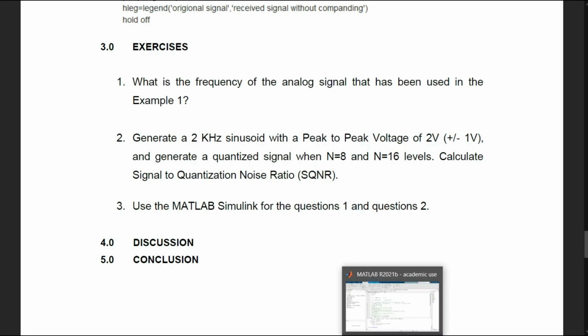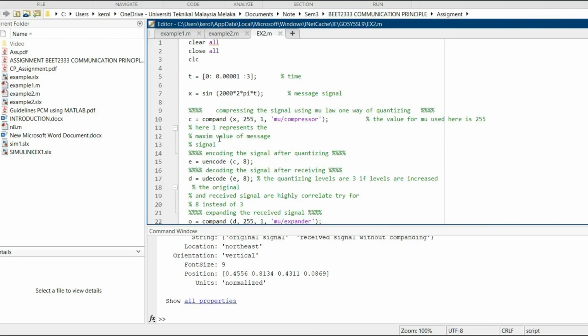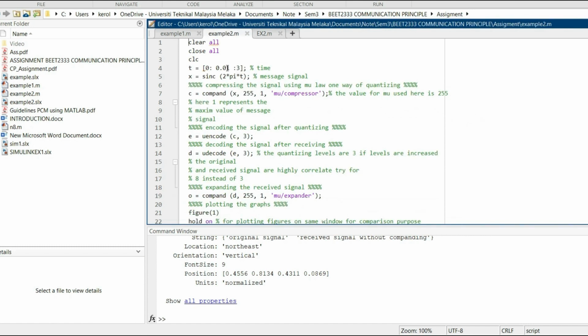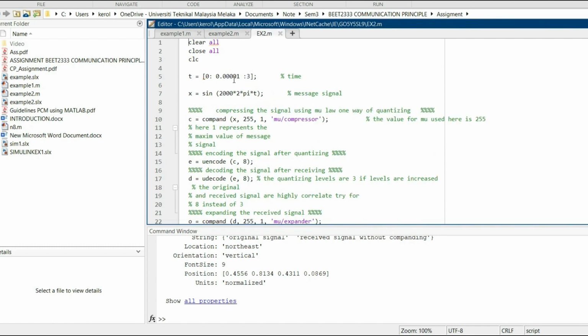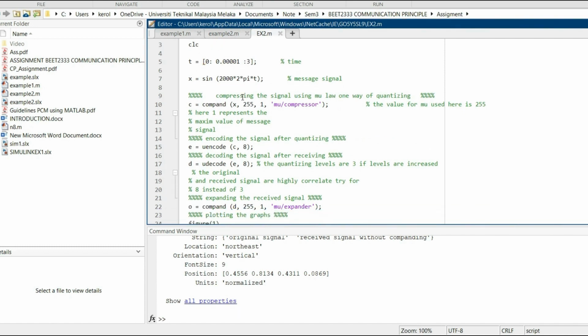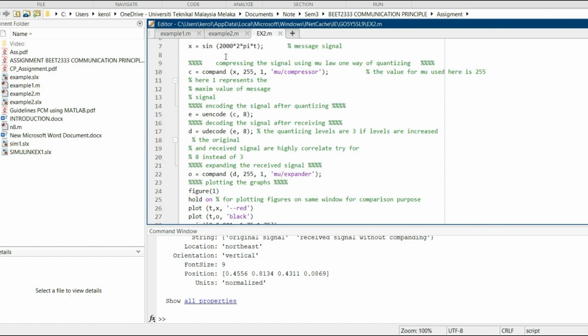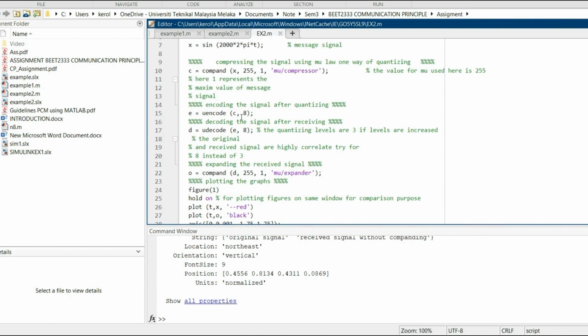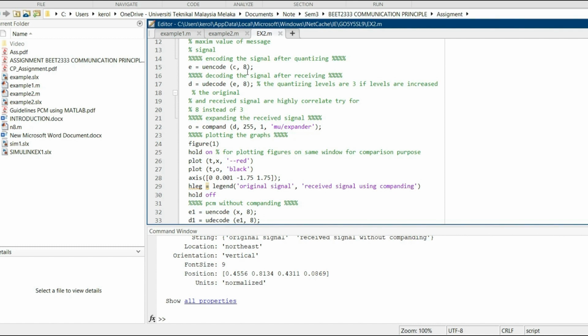So for the MATLAB coding, from the example code, we change the value here from 0.01 to 0.0001, and here we also change the value from 3 to 8 according to the question asked.